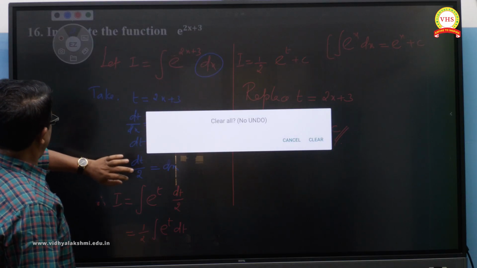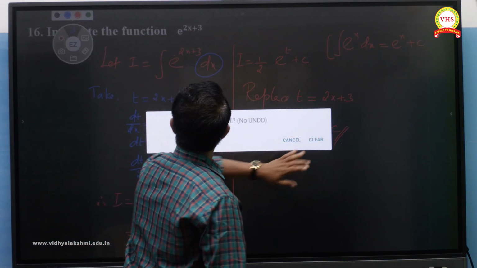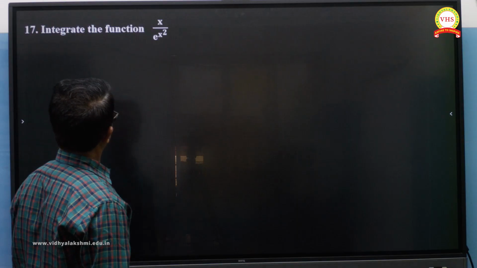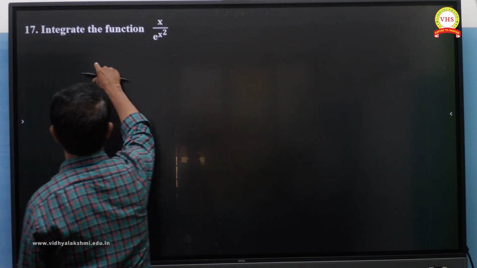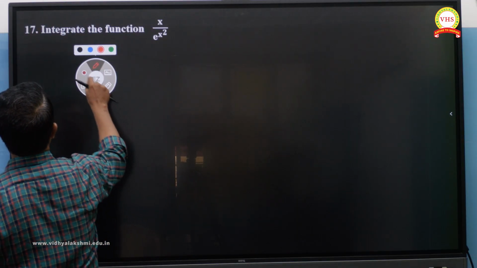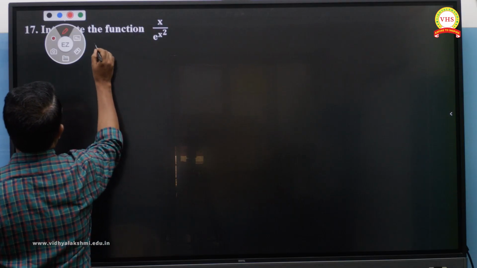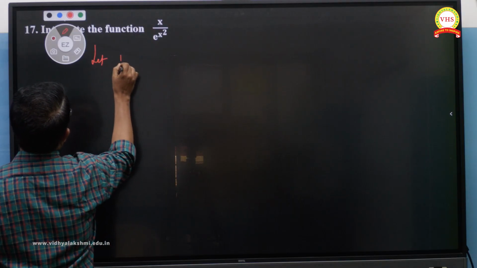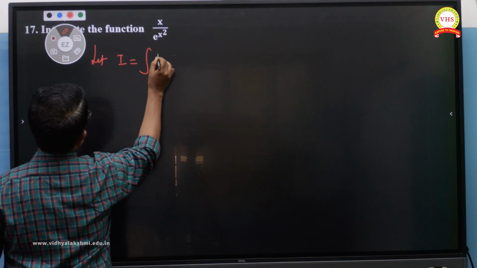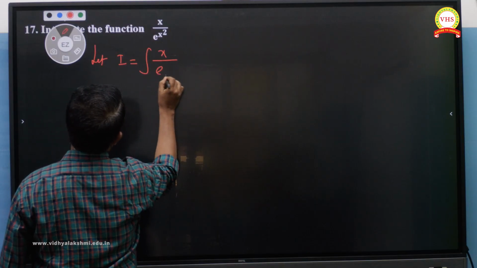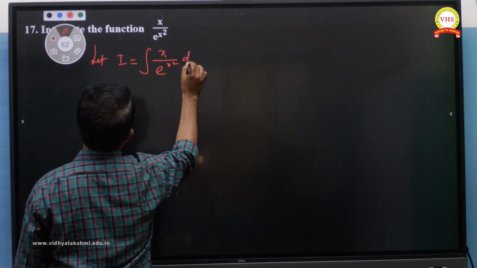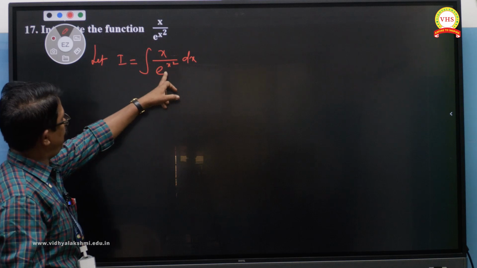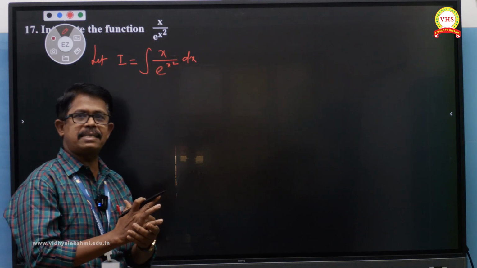Now question number 17. That is also the same thing, an easy sum. Let I equal to integral of x divided by e power x square into dx. What I told you: the power is x square, so it should be handled like the earlier ones.